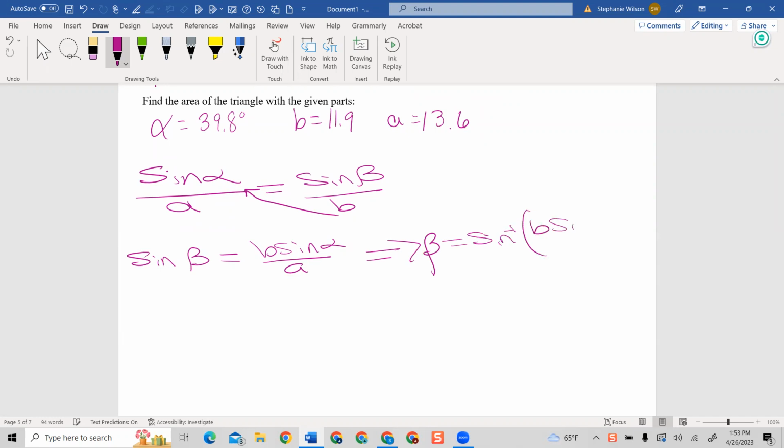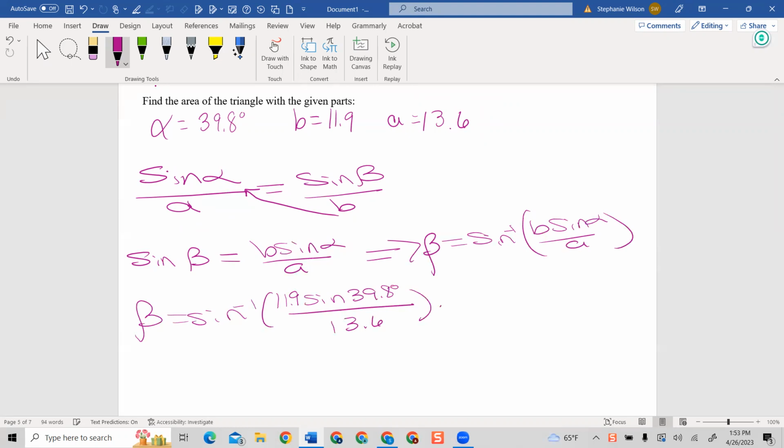And then next I will plug in what I know. Some of you may have plugged in already, that's fine too. Okay, so B is 11.9 sine of alpha, which is 39.8 degrees, all divided by A, which is 13.6.